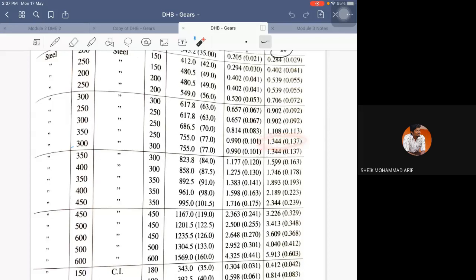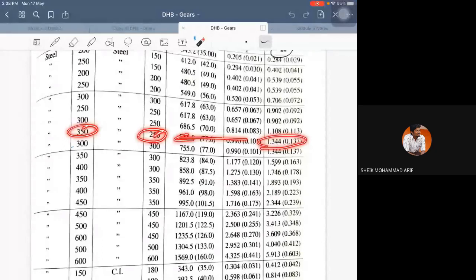So for 1.34, you have 350 and 250, isn't it? Two different materials. It resembles that 350 is a different material and 250 is a different material. So you should not do that. Why? Because in the question it has been said that both are made of the same material, and all the calculations we have done thinking that gear and pinion both have the same material.